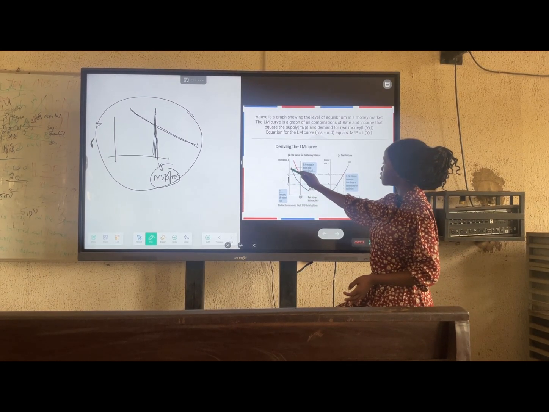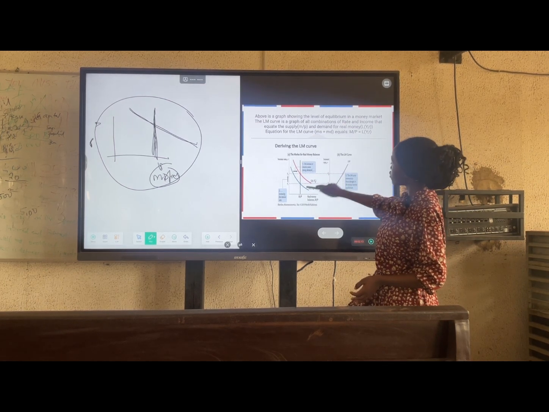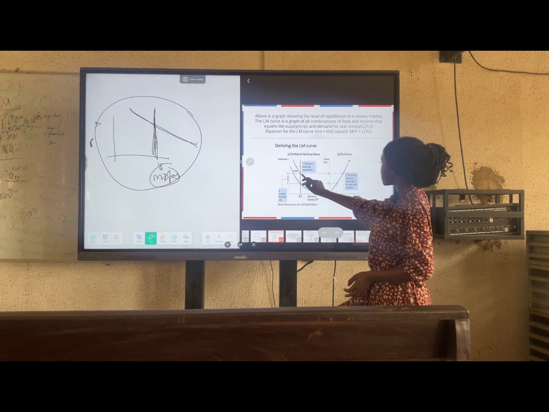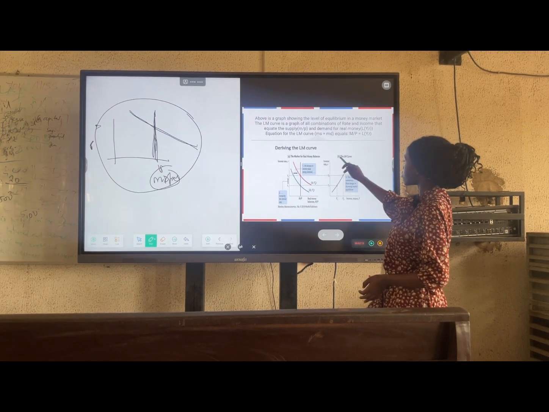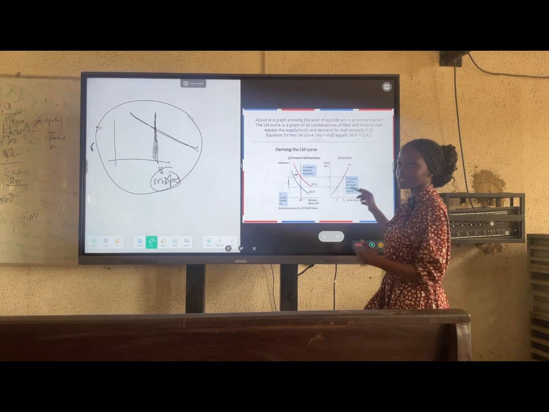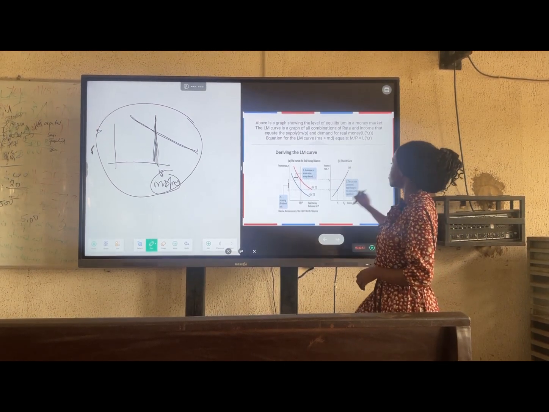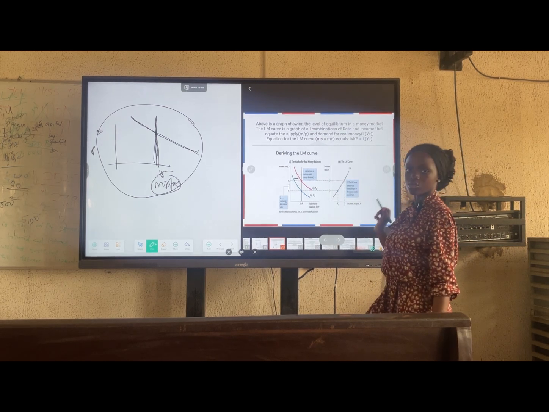This is the old demand curve, and this is the new demand curve. After getting this, we can then derive the LM curve itself. The LM curve summarizes these changes in the money market equilibrium. That's basically what the LM curve does.